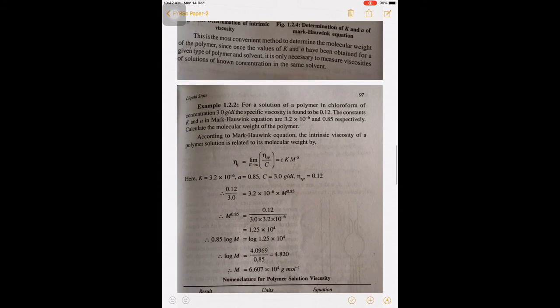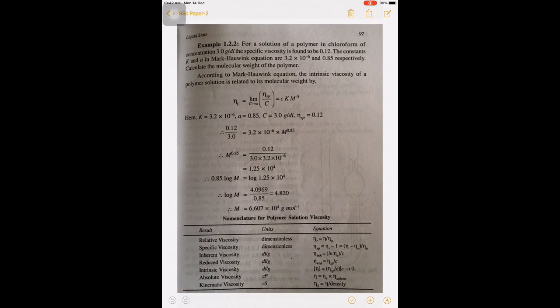Now see the example here. For a solution of polymer in chloroform of concentration 3 gram per liter, the specific viscosity is found to be 0.12. The constants k and a in the Mark-Houwink equation are 3.2 into 10 raised to minus 6 and 0.85 respectively. We have to calculate the molecular weight of the polymer.